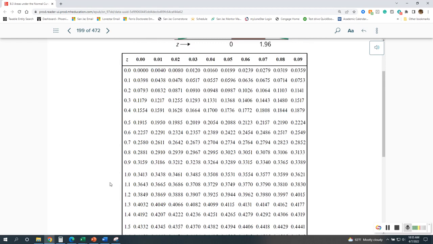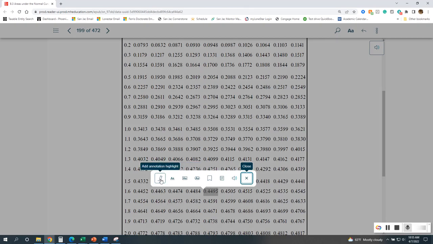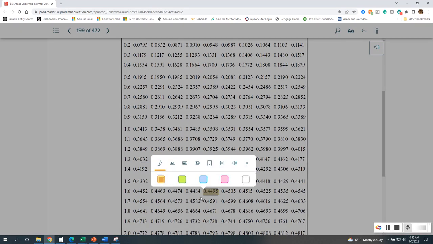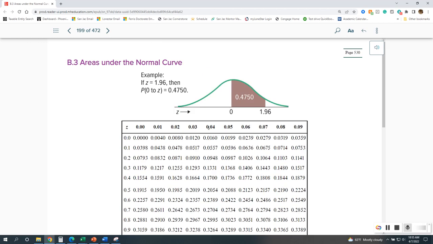Alright, so we're going to be looking for 0.45, the closest one to it. I see right here 0.4505. Now remember, we can't go over that 0.45, so the best one we have is this one right here, as close as we can get, which is 1.64.